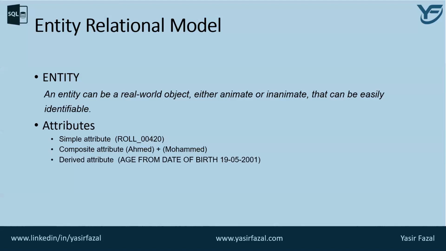Next one is derived attributes. Derived attributes are attributes that do not exist in the physical database. They are not in the file, but logically they can be extracted. You can derive their values from other attributes that are present in the database.